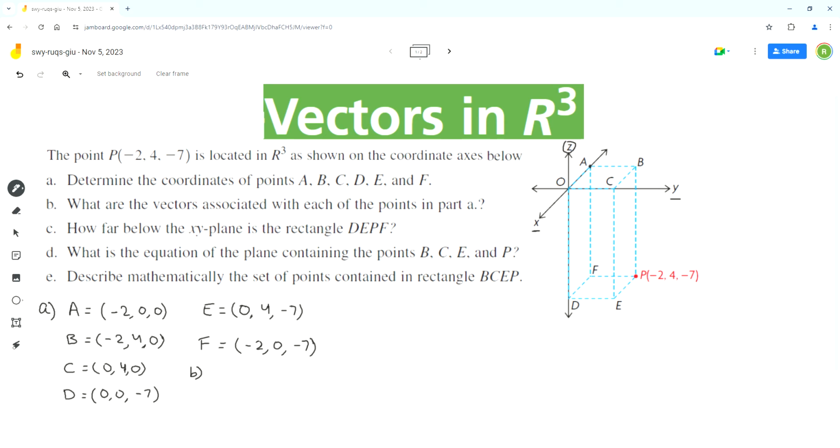What are the vectors associated with each of the points in part A? The vectors associated with each of these points will be the position vectors for these points.